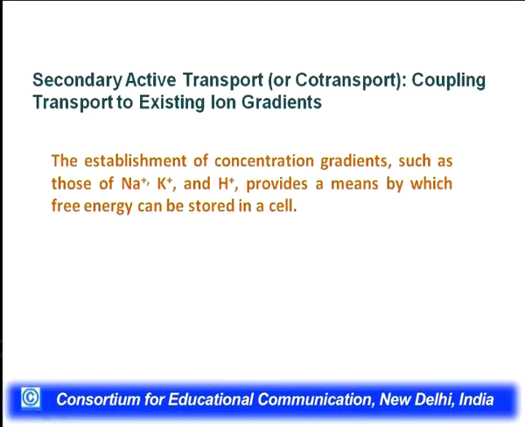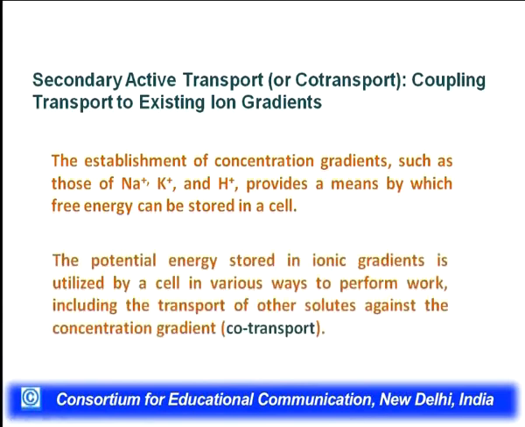So this secondary active transport is coupled to the existing ion gradients. The establishment of concentration gradients such as those of sodium, potassium and protons provides a means by which free energy can be stored in a cell. The potential energy stored in these ionic gradients is utilized by the cell in various ways to perform work, including the transport of other solutes against the concentration gradient.